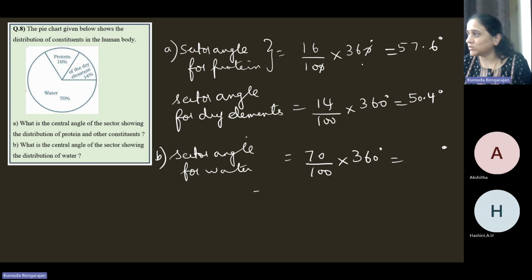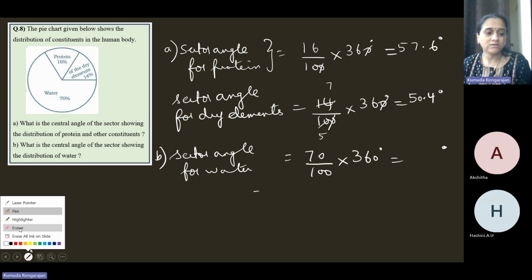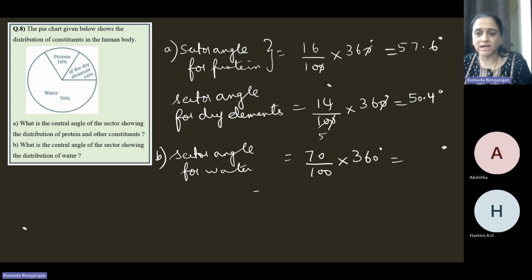Cancel the 0 and 0, then multiply 36 and 16. You will get 576, by 10, 57.6. Similarly, for the next one, just cancel the 0 and 0. 36 into 14, because even if you cancel, you will get 2 sevens or 2 fives, so don't cancel.